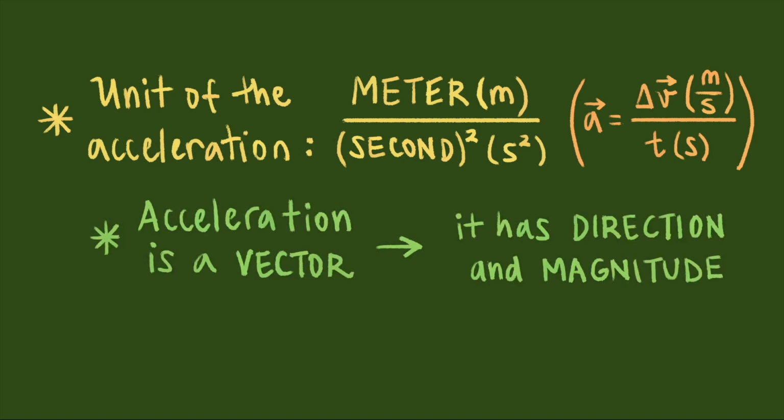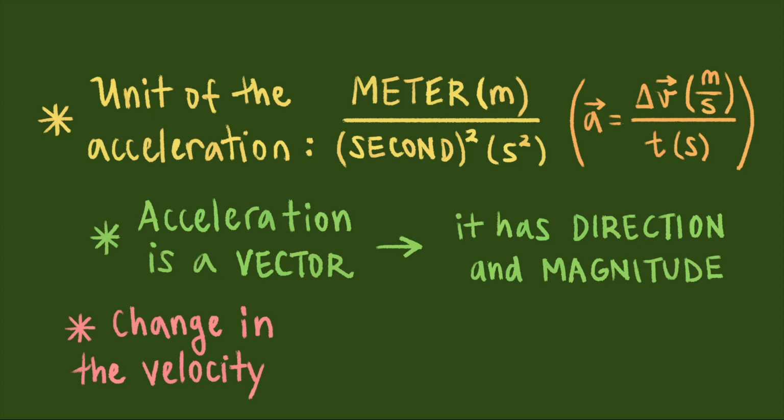Acceleration is also a vector, so it has direction and magnitude. And since the acceleration vector represents the amount of change in the velocity vector, if the amount of change in the velocity vector is zero, that is, if the velocity vector is always constant, then the acceleration is zero. On the other hand, if the velocity vector changes in a time-dependent manner, the acceleration is generally non-zero.